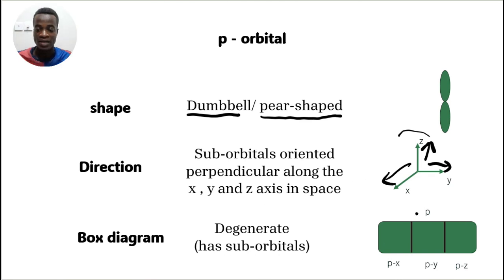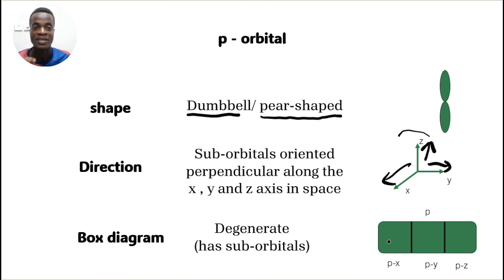So you look at this particular one, for example, I said it has further division. It's one whole box as a p orbital, right? But then it has divisions: 1, 2, 3. It's one whole box known as the p orbital, but this p orbital is further divided into sections. So the sections include p, another p, another p.